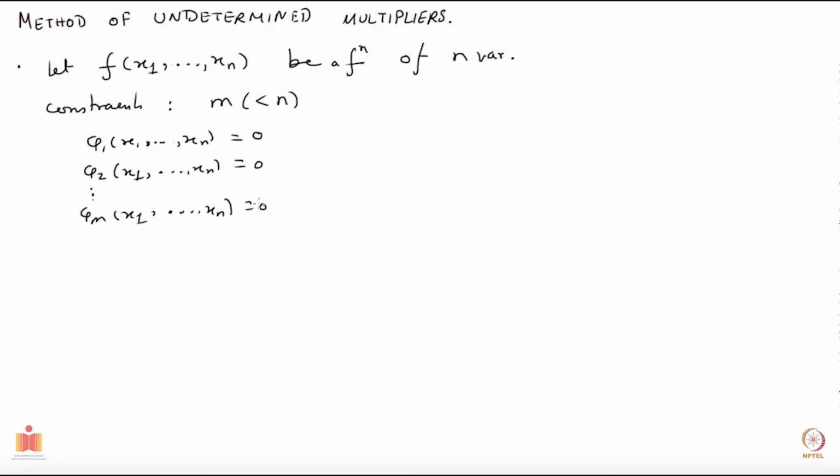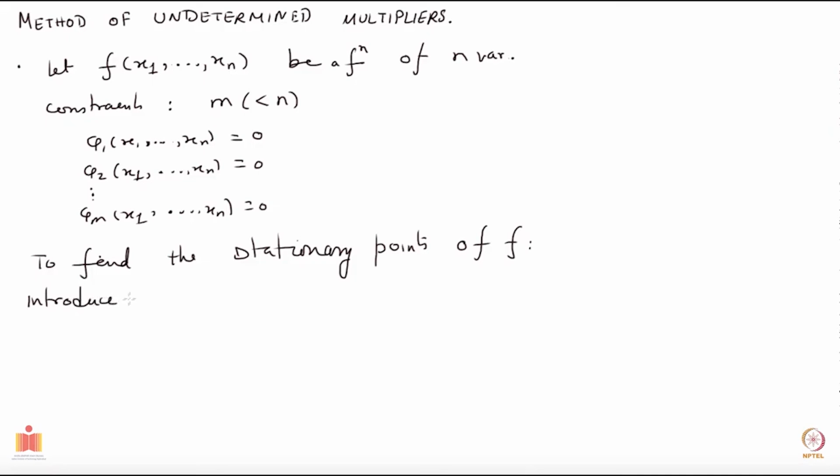To find the stationary points of f, we introduce m multipliers, one multiplier corresponding to each of these constraints. Let me denote them by lambda 1, lambda 2, and so forth up to lambda m, a total of m multipliers. This is step 1.